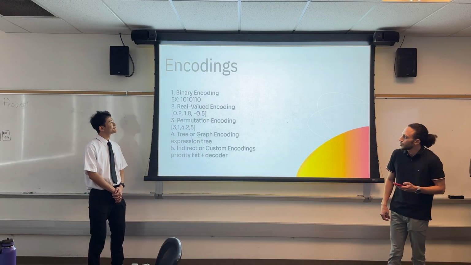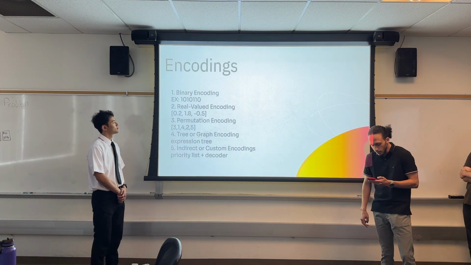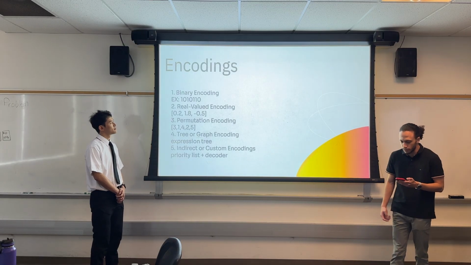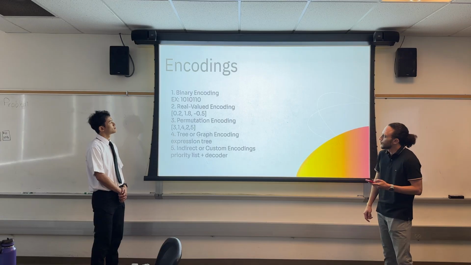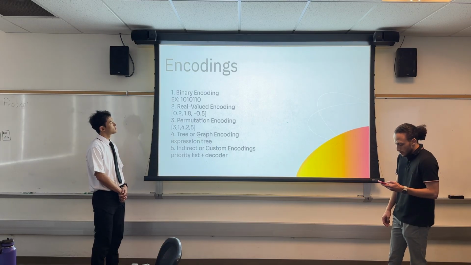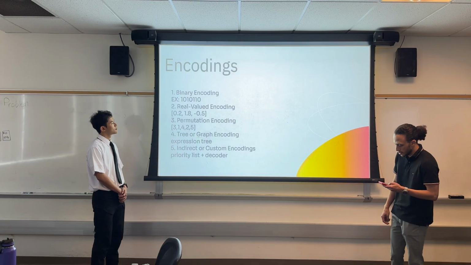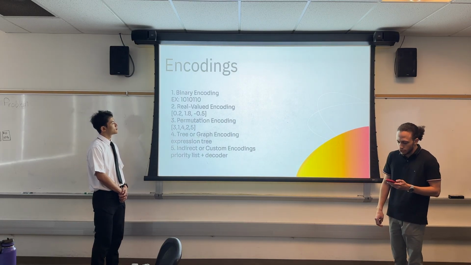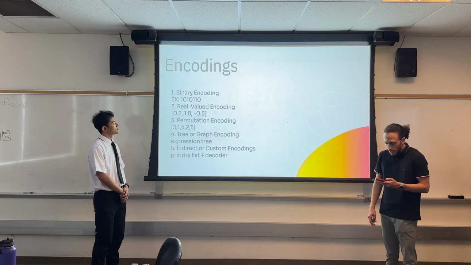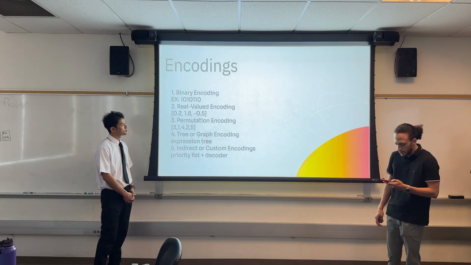The types of encodings that we have are binary encodings, which work well for discrete problems, and it's just a string of zeros and ones. Then we have real-valued encodings, which are floating-point numbers, better for continuous optimization. Then permutation encoding, where each chromosome is an ordered list, used for problems like TSP, which we'll cover later.